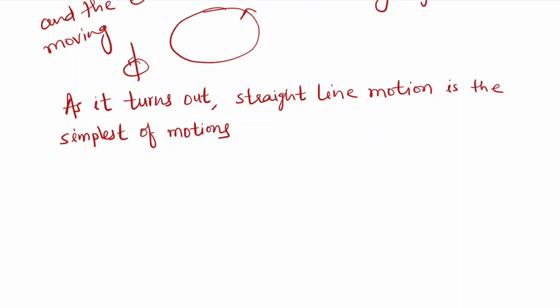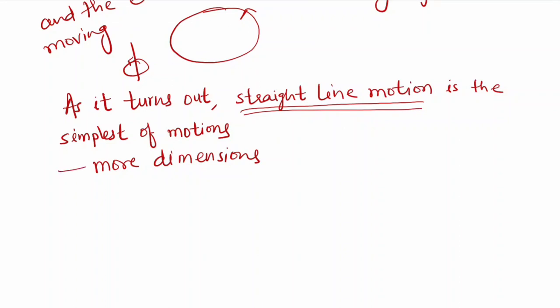As we proceed, once we develop a very good understanding of straight line motion and have understood the various parameters associated with it, then we can add more complicated things into our study of motion. For example, we can add more dimensions, and many other complications.